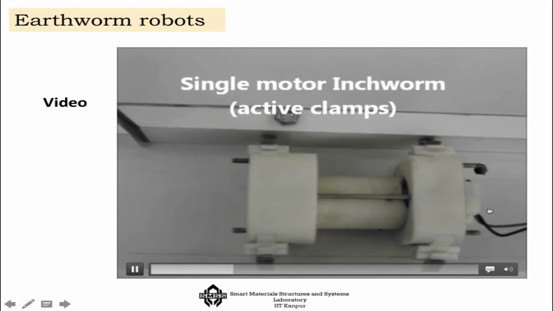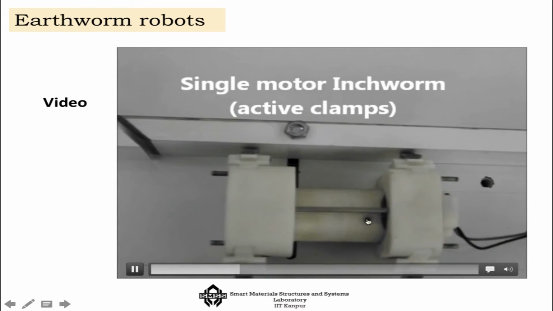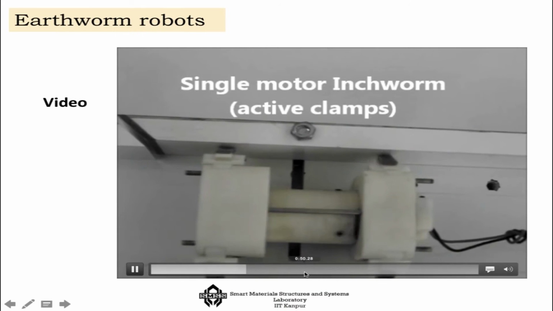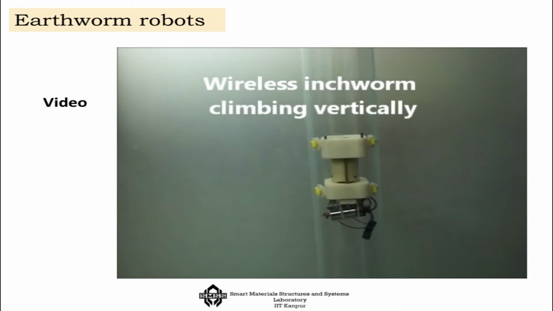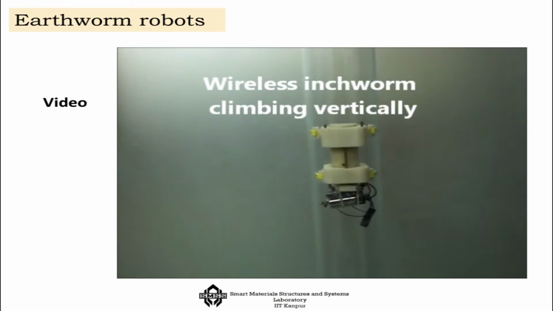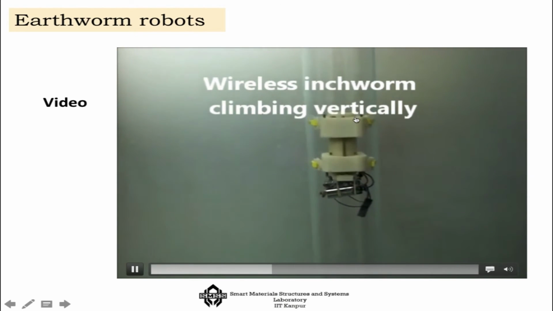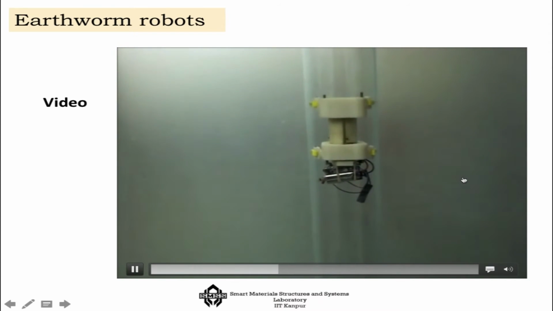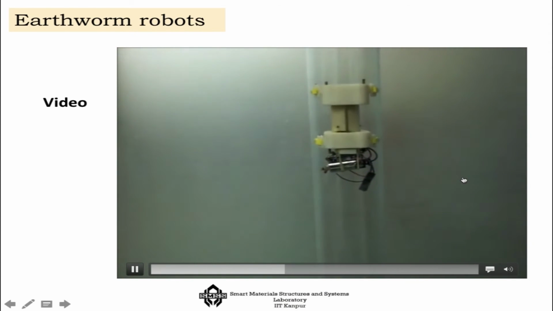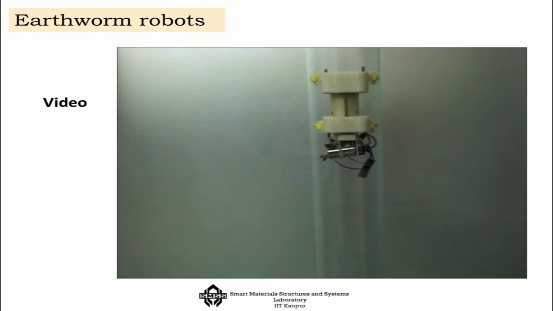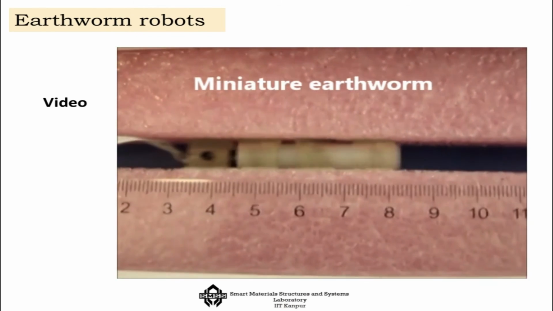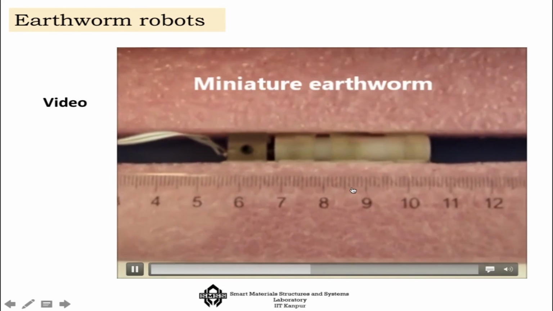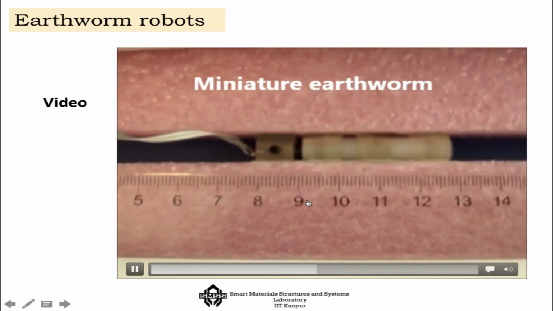So you can make it wired or wireless, but this has excellent applications in terms of development of pipe health monitoring robots. And you see this is an application which is completely wireless, and the whole thing is moving vertically. If you want to create an animalistic motion, let's say an ant-like motion, we can actually miniaturize it, as you can see here that people have even miniaturized such a thing.